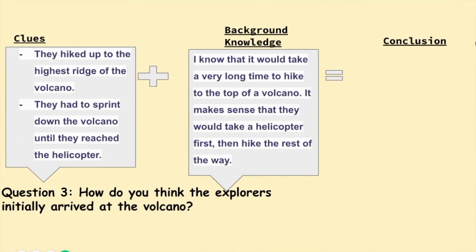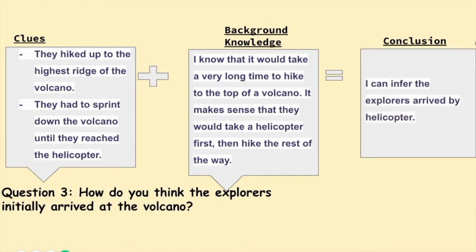Now, I know that it would take a very long time to hike to the top of a volcano if you're starting from the bottom and only hiking. Because of that, it makes sense that they would take a helicopter first and then hike the rest of the way. So I can infer the explorers arrived by helicopter.